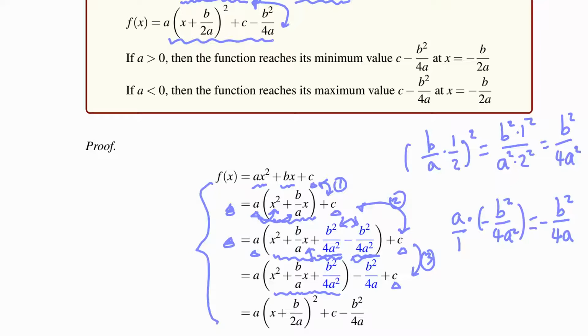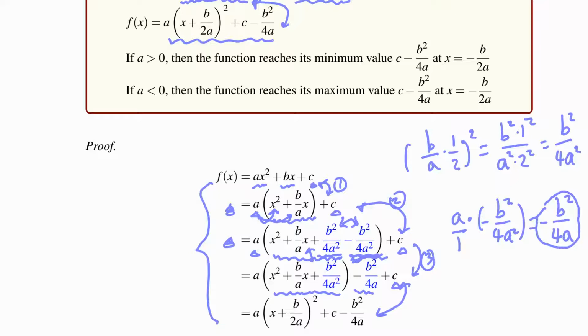So this will be negative b squared over 4a, which is this term. So step 3 is just take this quantity out of the brackets. And then step 4 is from here to here.